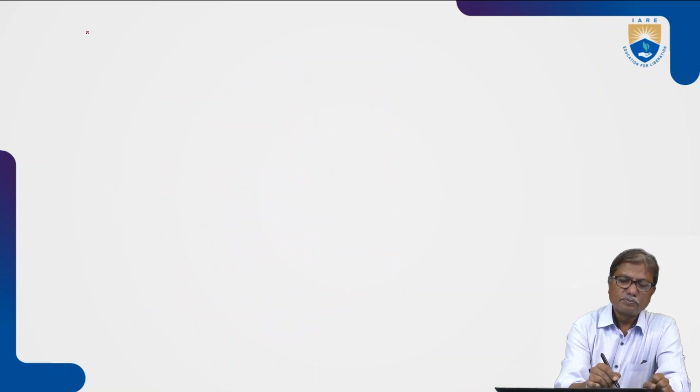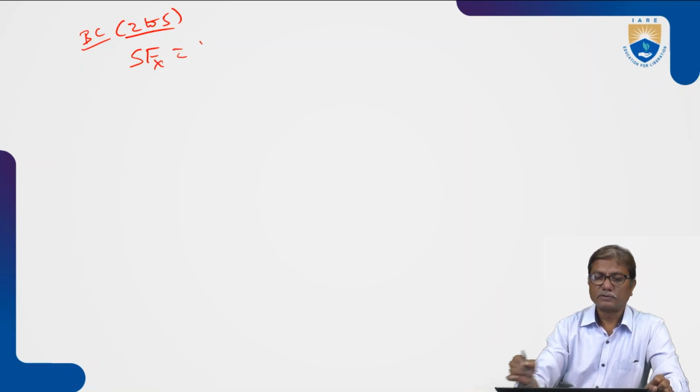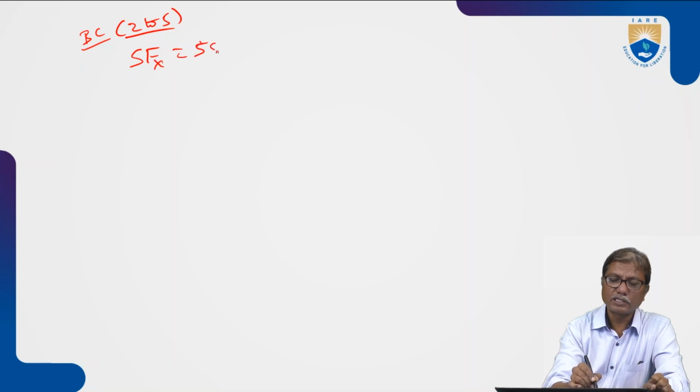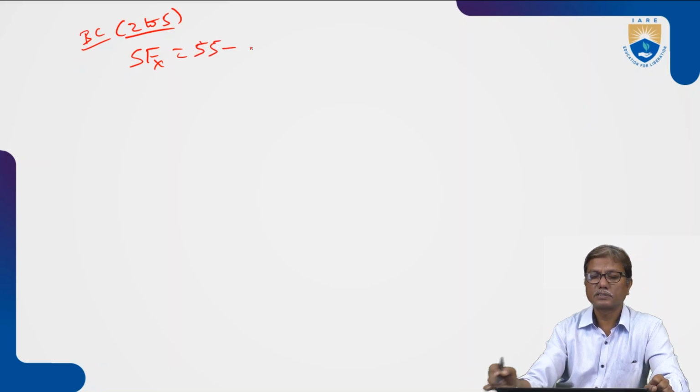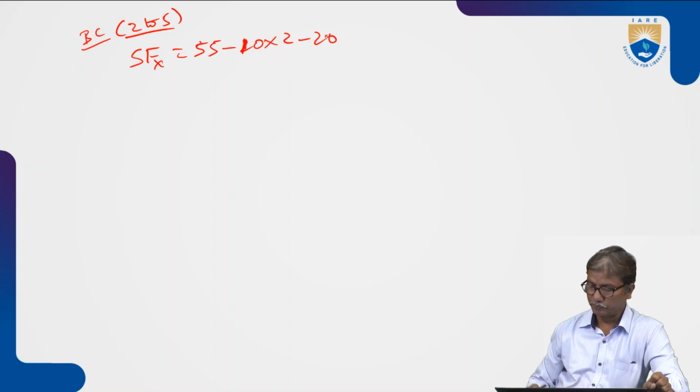So, between BC with limits from 2 to 5, what is the shear force equation? Shear force equation: RA, 55, minus 10 into 2, 20, minus 20 point load.